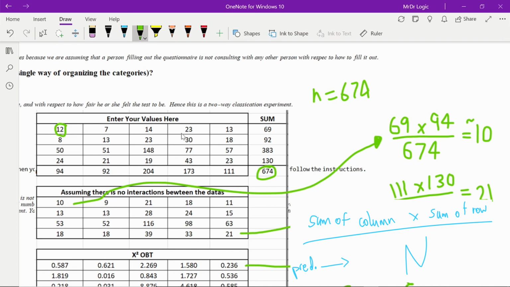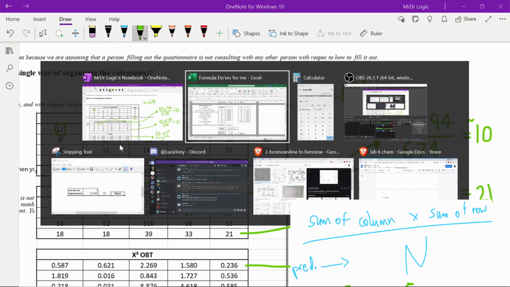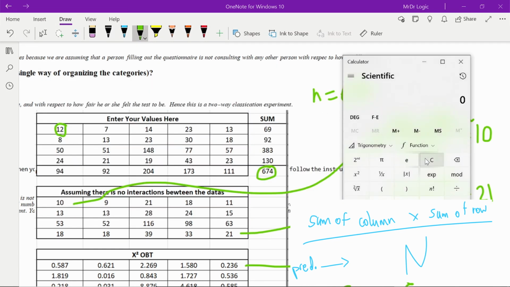So we do 92 over 69 divided by 64, we get somewhere around 9, and I'll just prove this to you. So 69 times 94 divided by 674, and there you go, whole number 10. And then we'll do another number, 43, right here.